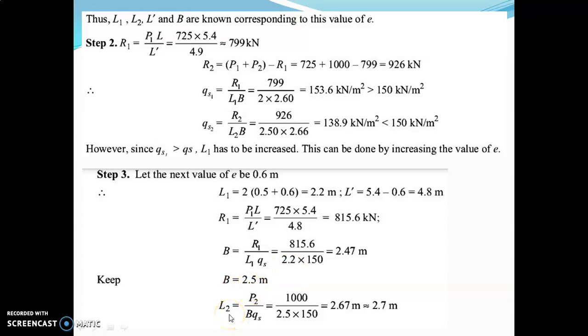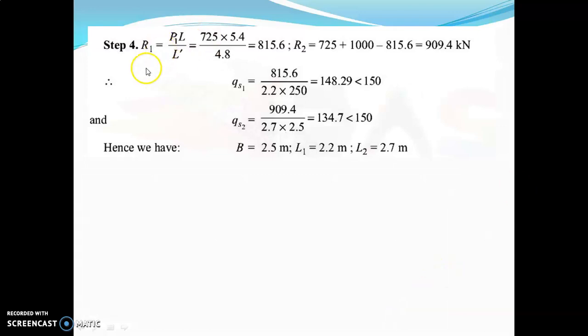Calculate what is L2. L2 is P2 divided by B into QS. P2 is 1000 divided by 2.5. B is 2.5 into QS 150. So you get L2 is equal to 2.67 meter. You can make it 2.7 meter. Again do the same process. R1 is equal to P1L divided by L dash.